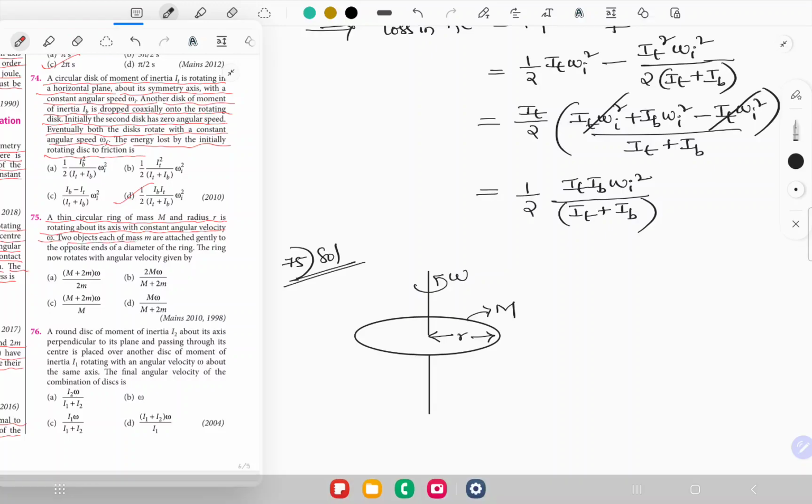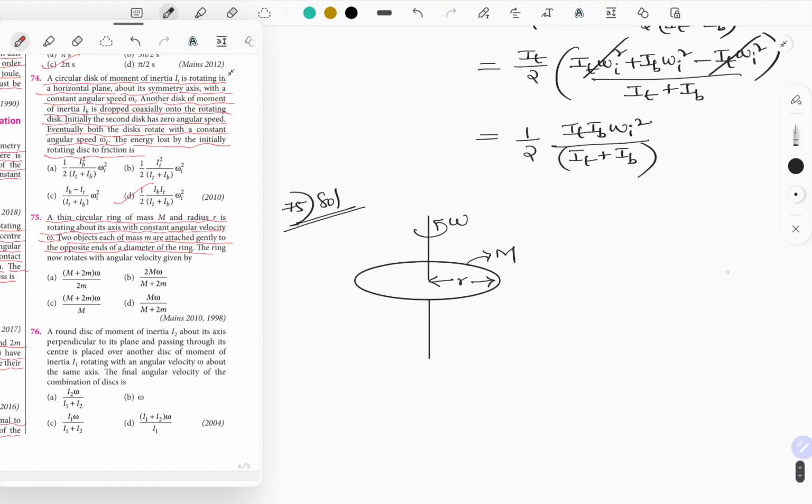Next, two objects each of mass small m are attached gently to the opposite ends of the diameter of the ring. Super. Now what they are doing, they are trying to place two masses on the opposite ends of the diameter of the ring.